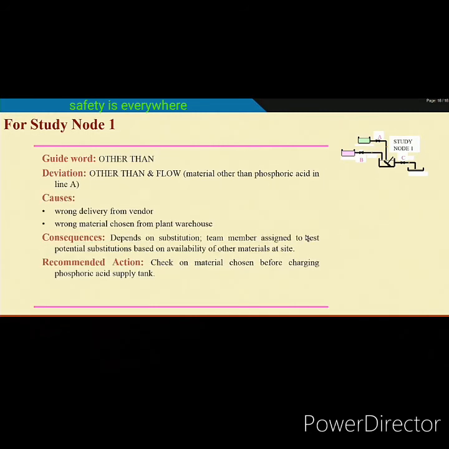Next, other than. What is in the design intention? Supply of phosphoric acid. So you are supplying something other than phosphoric acid.